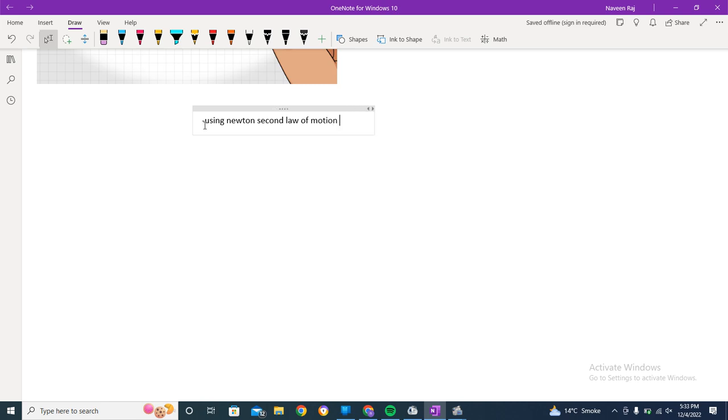We have seen that Newton's second law showed us a formula: F is equal to ma. So we can link these both terms as well.